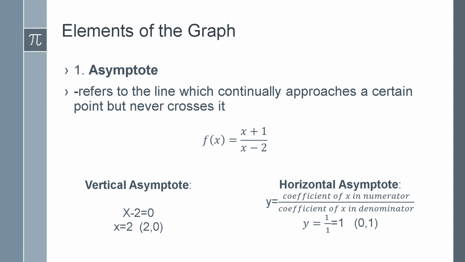And then yung sa denominator naman, ang coefficient ng x doon ay 1 kasi x lang yon. Therefore, if we are going to divide those coefficients, since 1 sila pareho, then the y value is equals to 1. Kapag naka-coordinates siya, the horizontal asymptote is 0 and 1 because we only have a value of y.